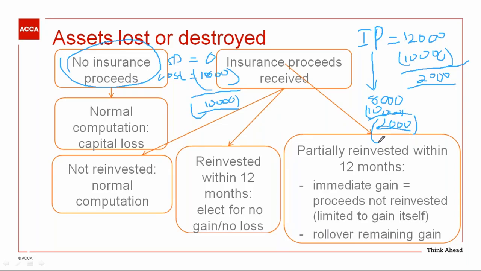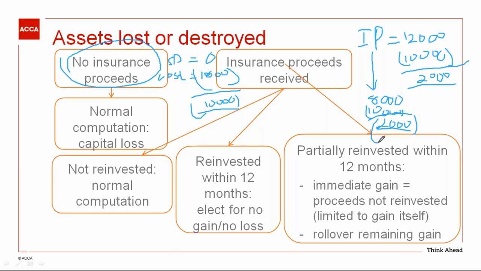Okay. Further, the outcome can vary if you are going to use your insurance proceeds to purchase a replacement asset. Now, that's the situation where your asset is stolen or destroyed, but it is insured. Therefore, the insurance company is now paying you compensation. However, you are not going to keep the compensation money received.